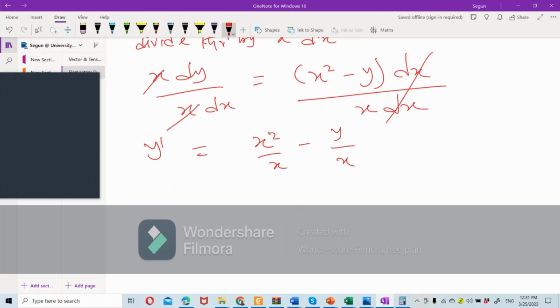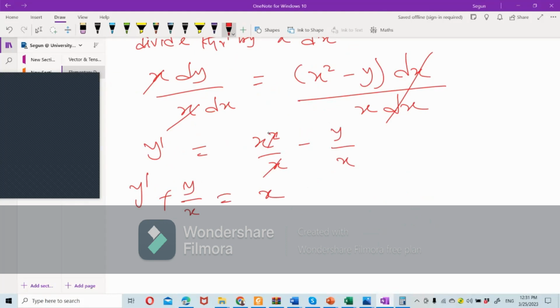So x squared over x can cancel this one. So at the end of the day, take this one back to this one. I have y prime plus y over x equals to x.